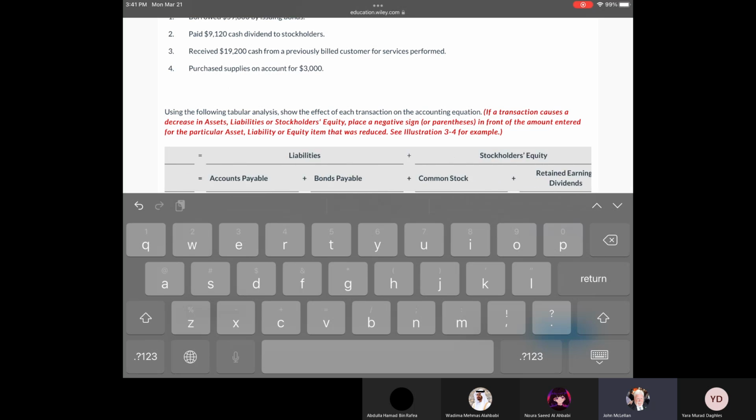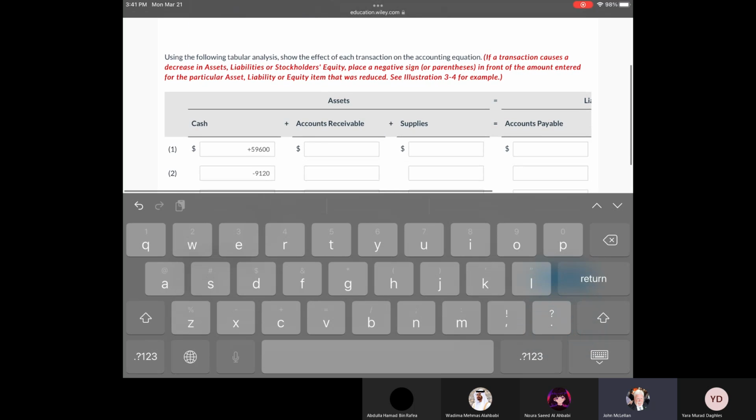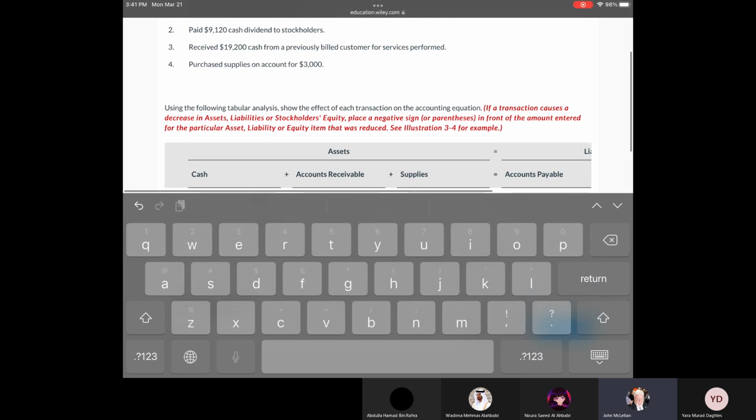All right, good. Number 3, received 19,002 from a previously billed customer for services performed. I already performed the services, so that's not the transaction. But when I performed the service, the customer didn't pay me. So he owes me. And when they owe me, what account do I call that? Accounts to be received, receivable.